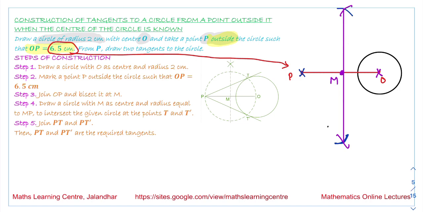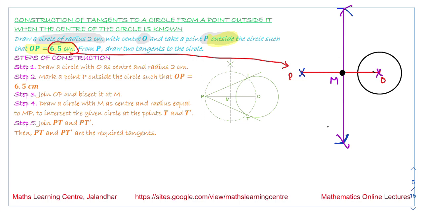Now by keeping the compass at point M, we draw a circle of radius MO or MP, because both these lengths are equal. So we can obtain a circle which passes through these 2 points.